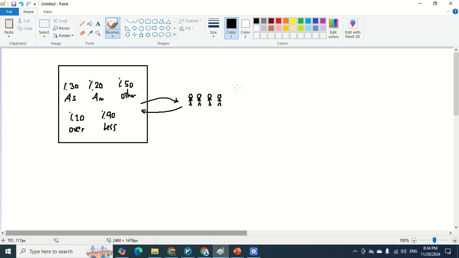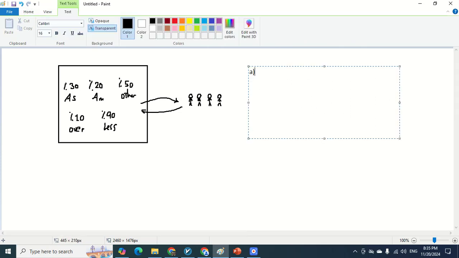So the question asks, out of these 4 students, what is the probability... let me just write it in words, it cannot be expressed like this. It's better to write the question in words over here.